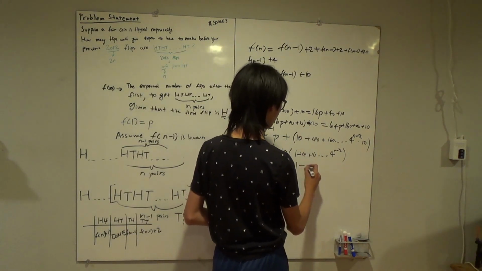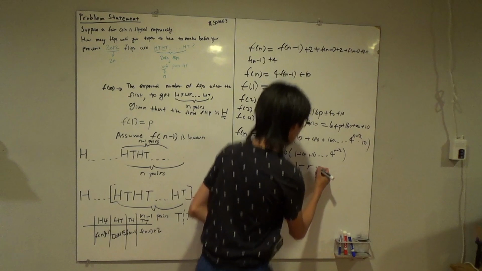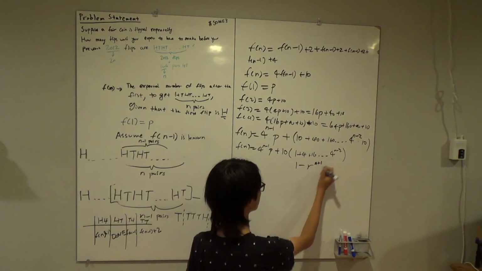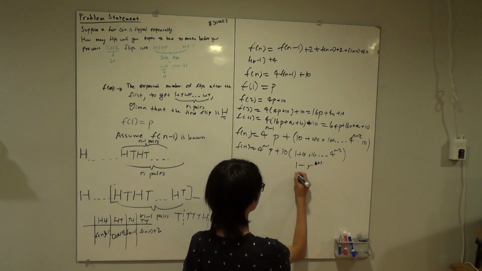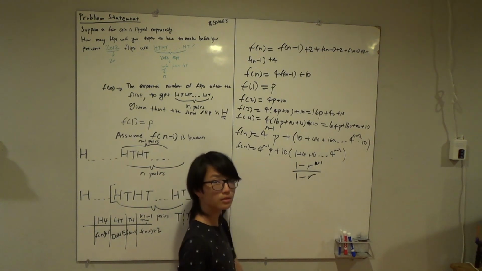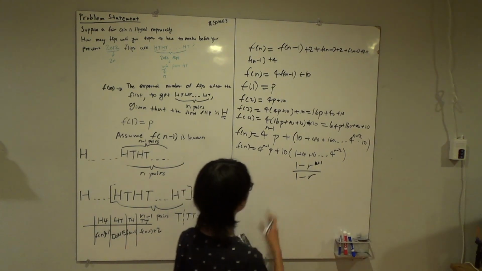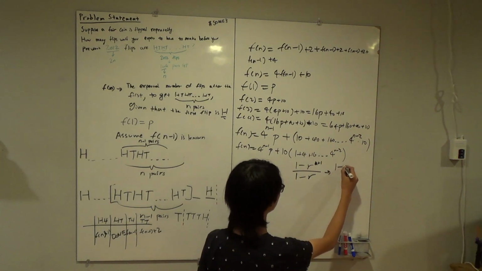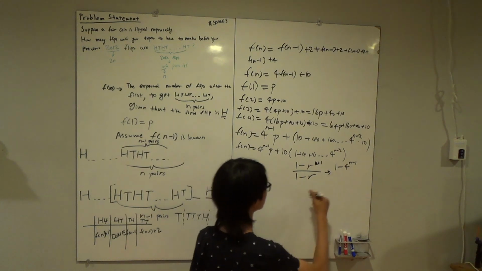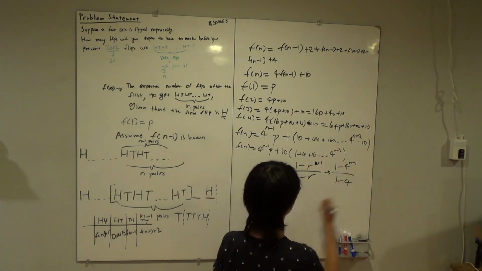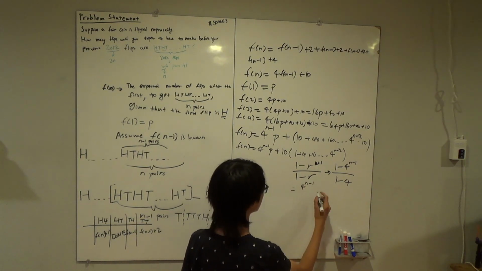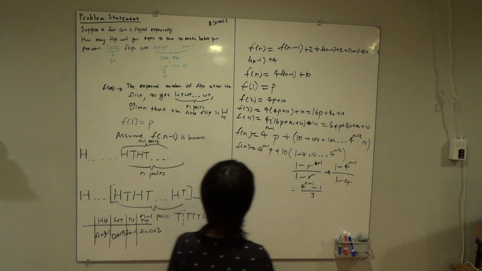It is 1 minus r to the n plus 1, or I guess we'll call it k here, k plus 1 over 1 minus r. And k here is just our largest exponential. So plugging this equation in, we get 1 minus 4 to the n minus 1, because n minus 2 plus 1 is n minus 1, all over 1 minus 4, which simplifies to 4 to the n minus 1 over 3. And there we have it.